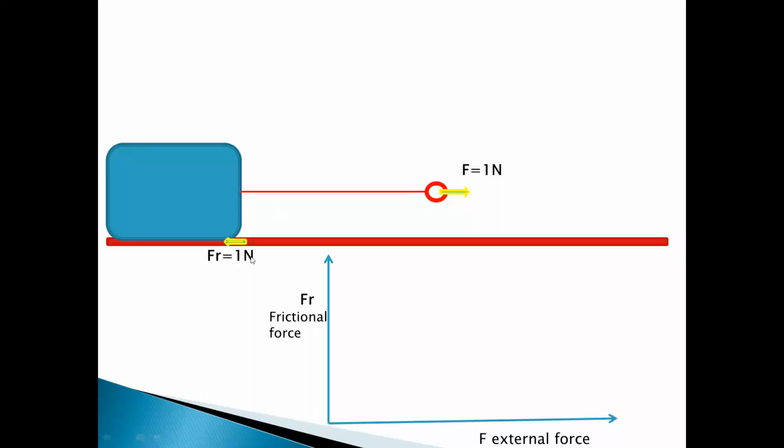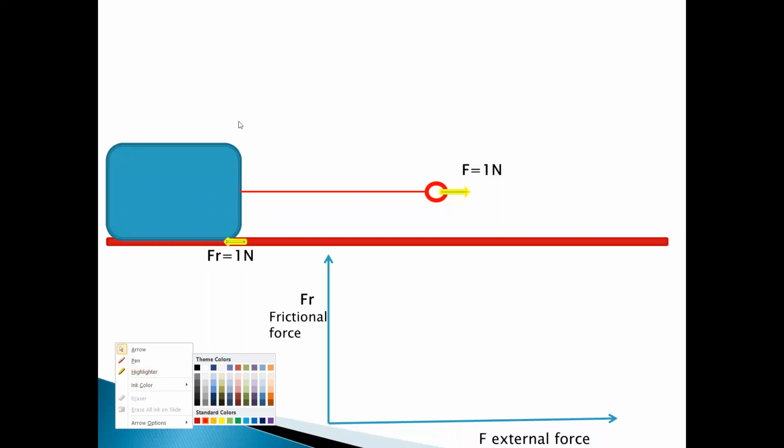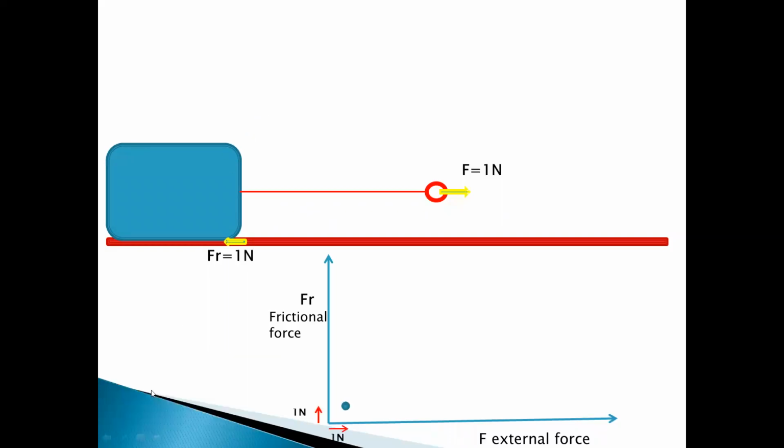So just imagine there is one object which is resting on the ground as shown in the figure. This object has some mass m, and imagine initially there is zero force.